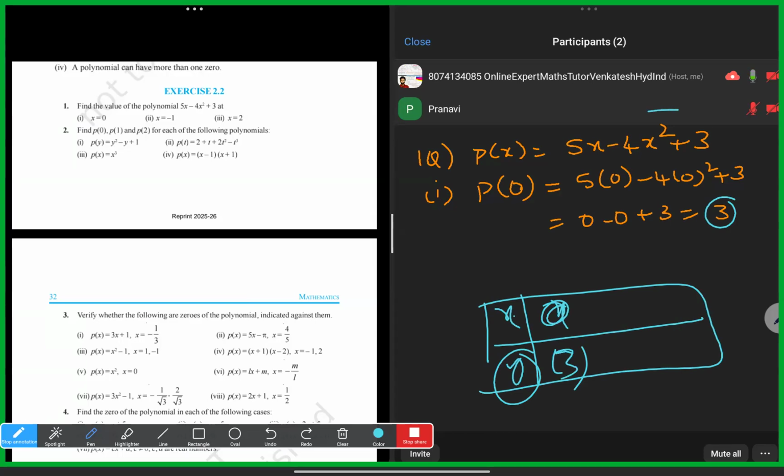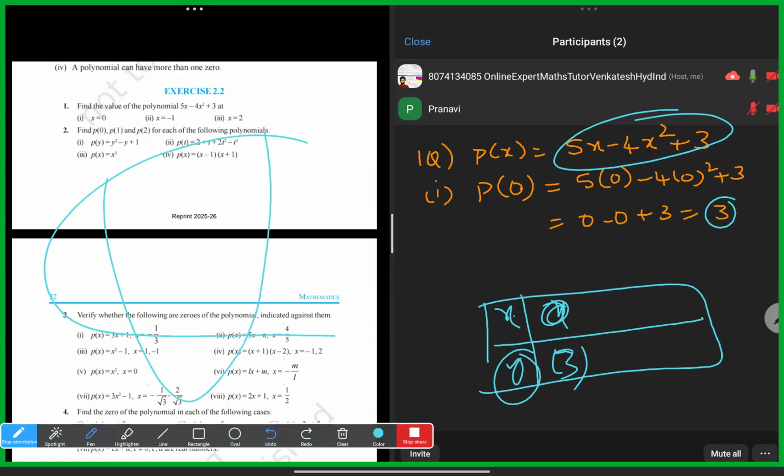Actually, graph plotting is not there in this polynomial chapter. If we plot this polynomial, we will get a parabola. This is not there in CBSE because it is in 11th class. If you plot it, for x value 0, whatever result we got for p, you take it on the y-axis.